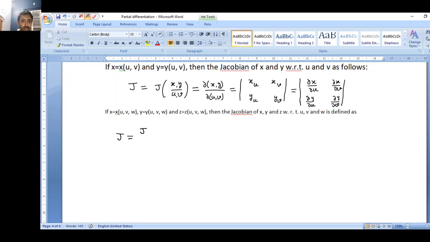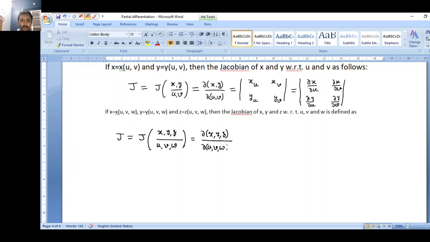So this is J of x, y, z with respect to u, v and w. Or as written earlier, this can also be written as dou of x comma y comma z by dou of u comma v comma w.